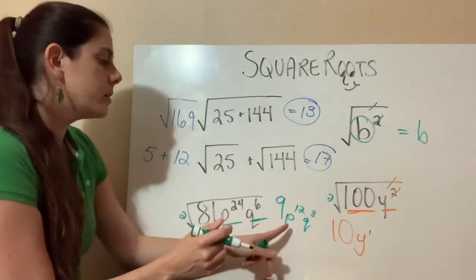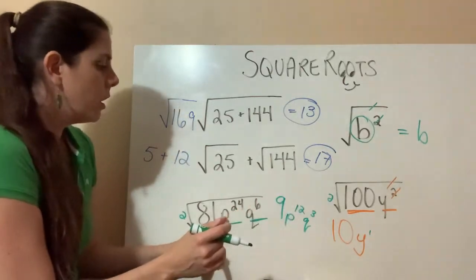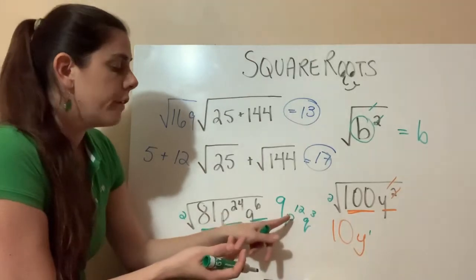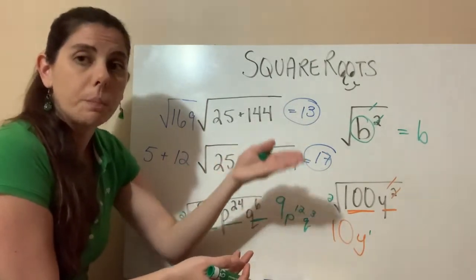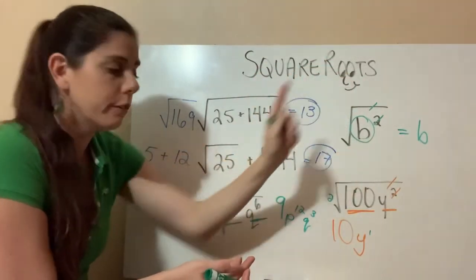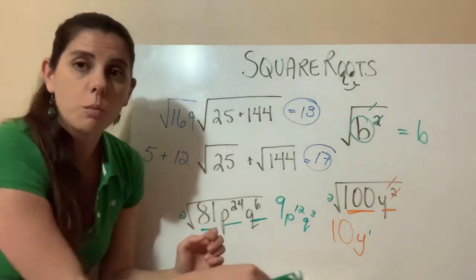Basically, this is saying that p to the 12th times p to the 12th will equal p to the 24th. That's true because if you have variables that are the same, you add the exponents. So p to the 12th times p to the 12th, 12 plus 12 equals 24. In our next video, we'll do a few more examples.